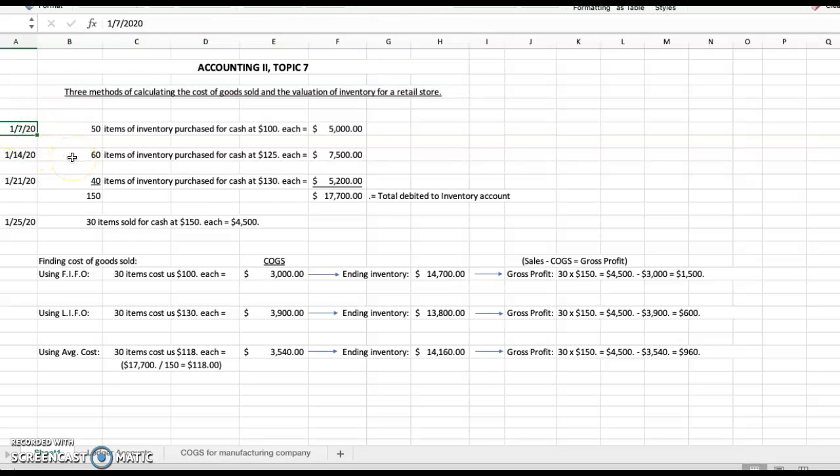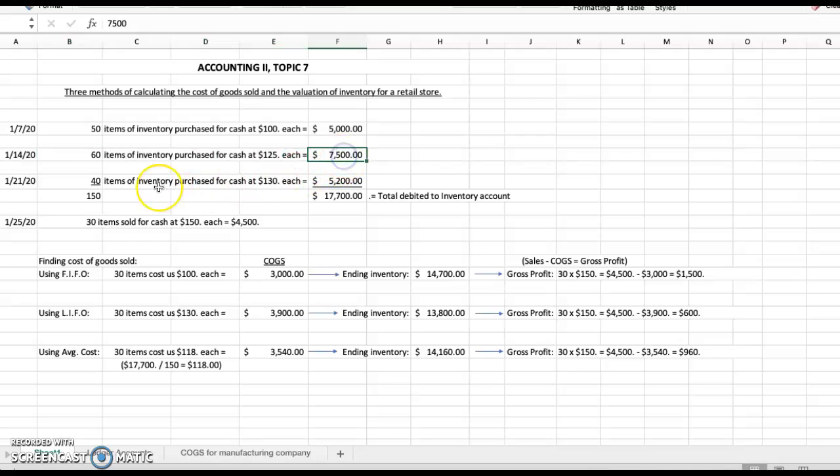We will assume that this store has a monthly accounting period, and during the month of January, they bought inventory 3 different times. So the store buys 50 items of inventory for cash, let's say, at $100 each, and that totals $5,000. A week later, they buy 60 items of inventory, same kind of inventory, same supplier, but the cost went up to $125.